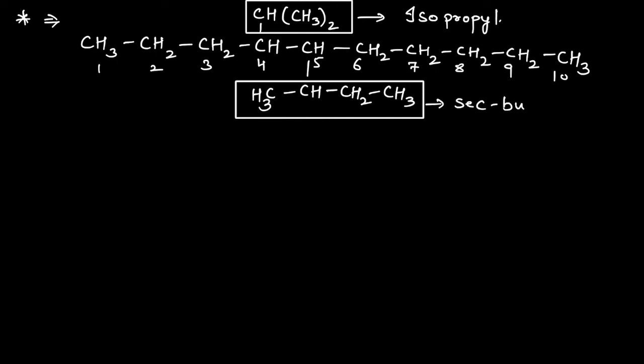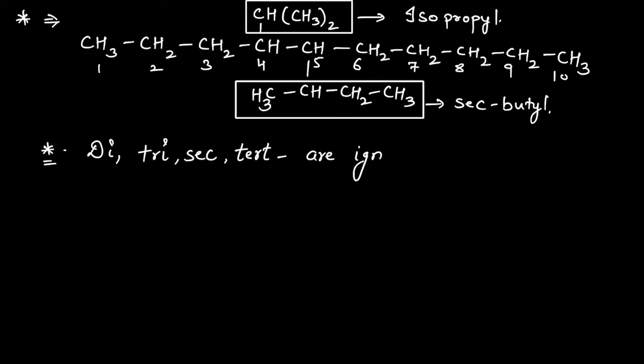Now this point is again very important because students often get confused whether we should consider iso or secondary or di or tri while giving preference in the alphabetical rule, or whether we should ignore these terms.